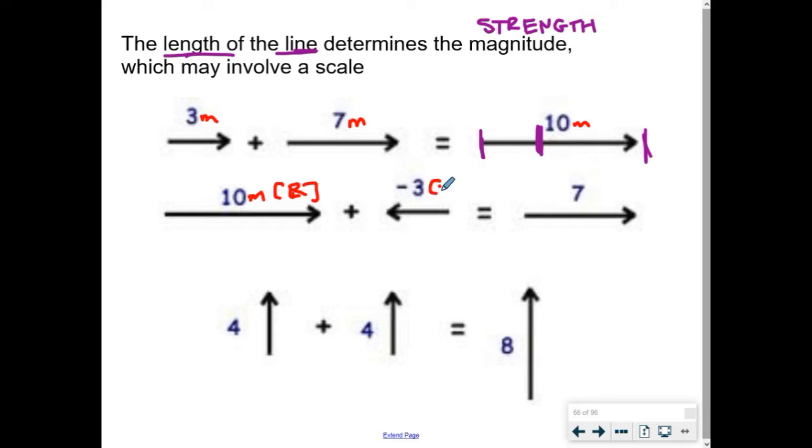And so if you're still going negative 3 meters to the right, it really means you're going to the left, right? A negative right really means you're going left. Well, that means at the end of the day, the net amount you've gone is 7 meters towards the right, because these ones are really subtracting, right? Like this amount right here has to be removed from what you had. Well, same thing with these up vectors, right? And so what we're trying to do is have a visual picture to help keep track, again, of multiple things happening.